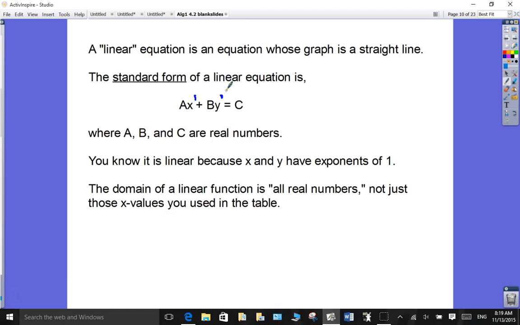And remember, we said this already, but now bringing back in that word domain, the line is not made up of just those points that we used. It's made up of an infinity of points. So we still are going to be talking about this concept of domain. What do we mean by domain?